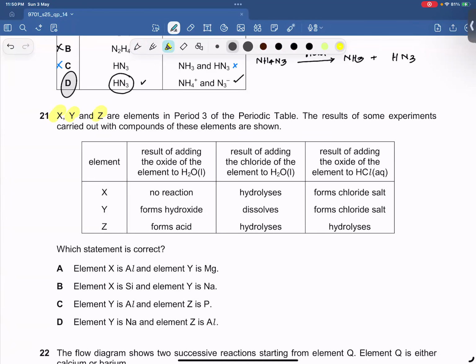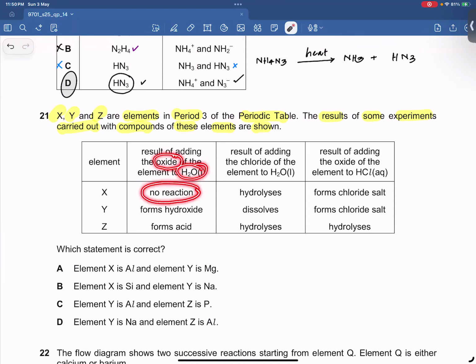X, Y, and Z are elements in period 3 of the periodic table, the result of some experiments carried out with compounds of these elements as shown. Element X has an oxide. When it is treated with water, it has no reaction.